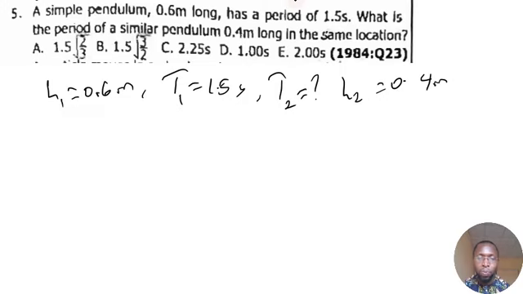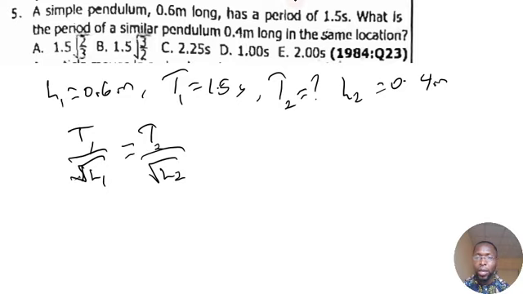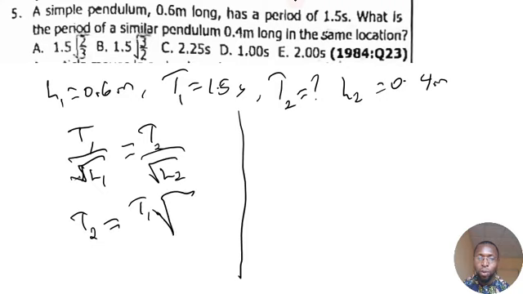In the same location, just similar to the one we just finished solving, we can say T1 over square root of L1 is equal to T2 over square root of L2. And here we are finding T2 again, just like the first one. So from here, T2 as the subject of the formula will be equal to T1 square root of L2 over L1.